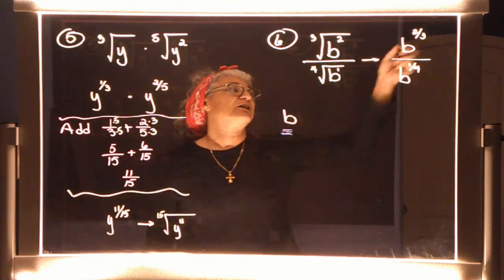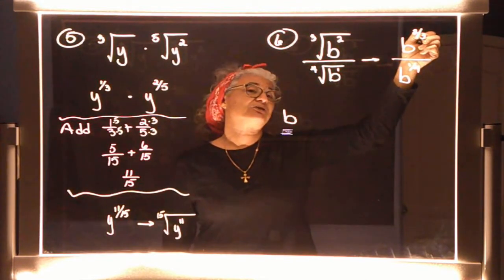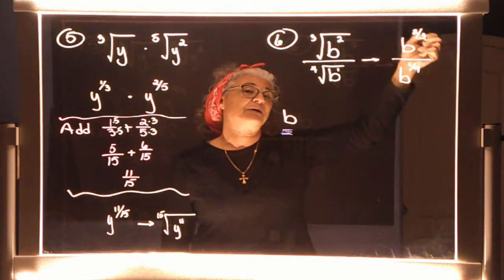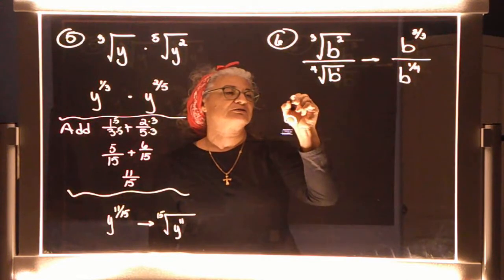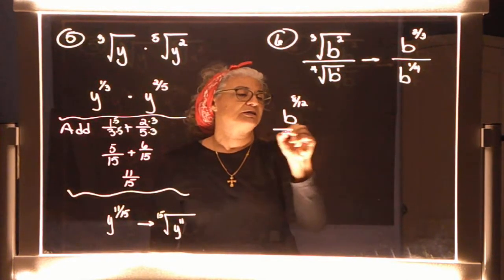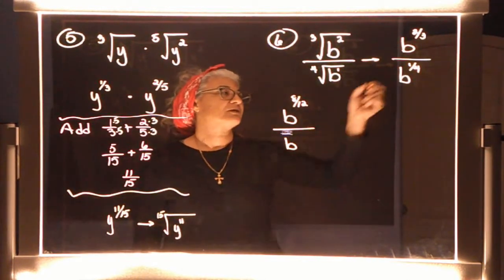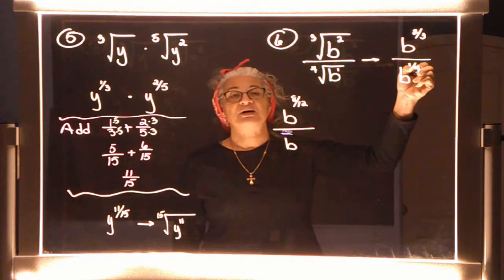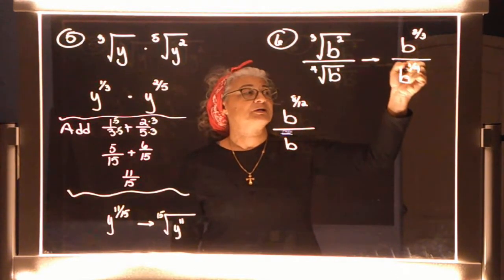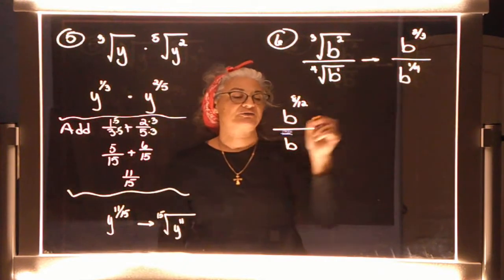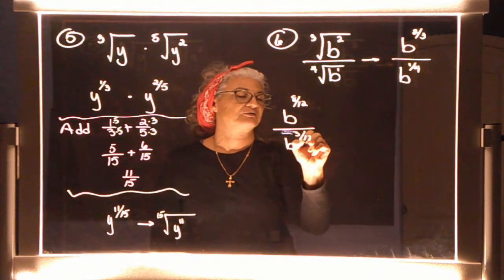Yeah, 12. So if I change this into a 12, I have to multiply top and bottom by 4. Good, that makes it 8/12. And the bottom one, if I change this to a denominator of 12, top and bottom get multiplied by 3, which would make it 3/12.